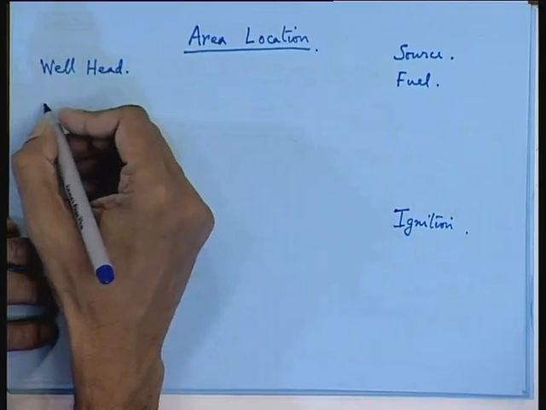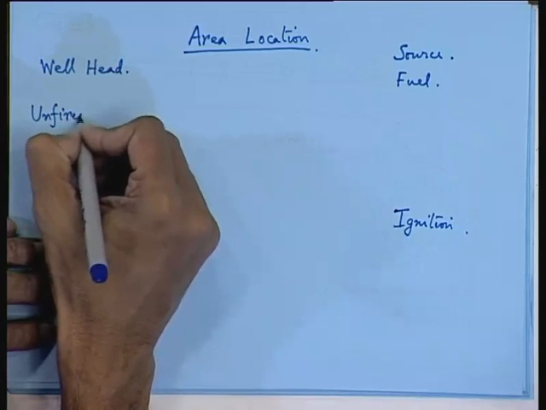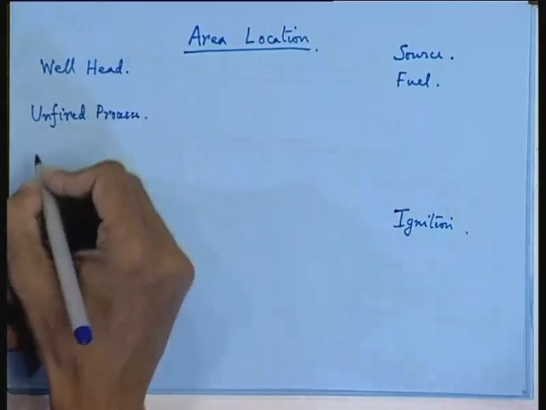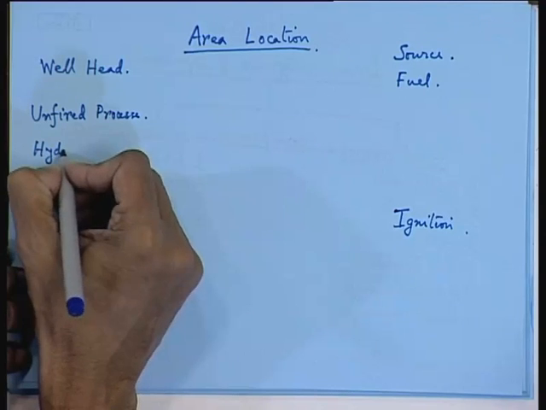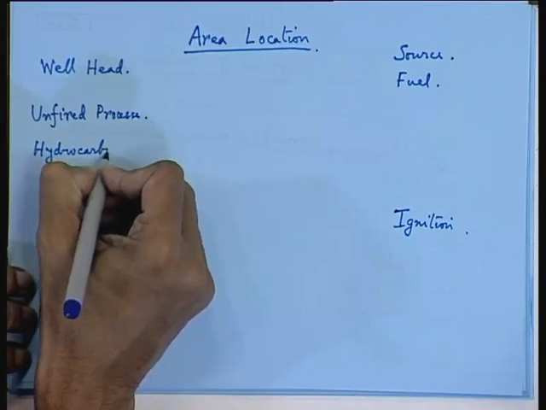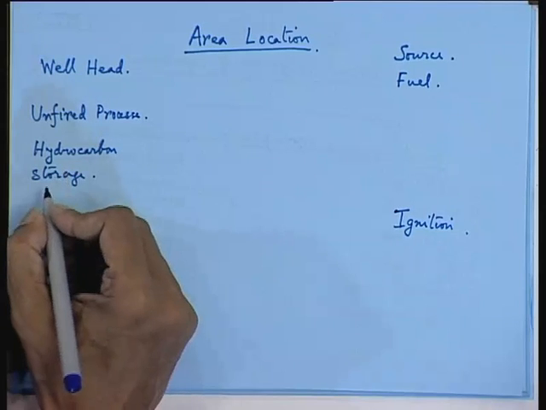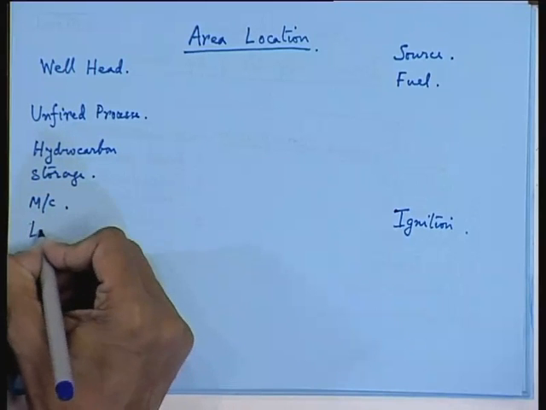So, wellhead is another one, then you have unfired processes. These are the area requirements. Then hydrocarbon storage. Then machinery, quarters, etc., living quarters.